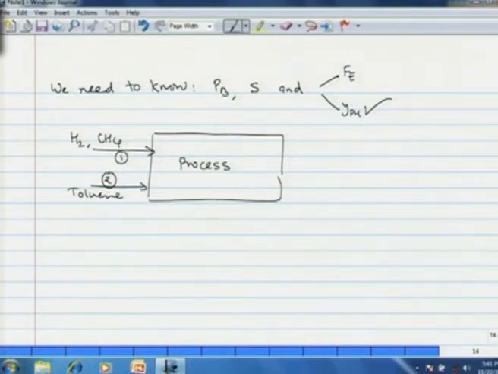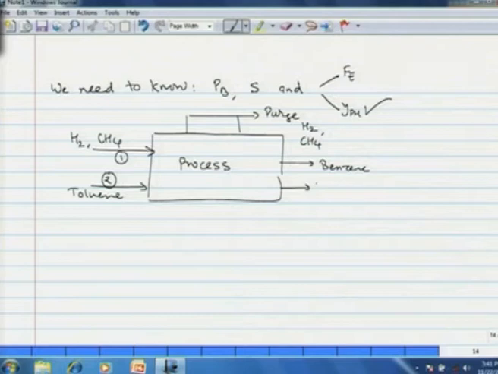Then we number the purge stream as methane and hydrogen, then benzene and diphenyl. We give number 3 to the benzene stream, which is the primary product, 4 to diphenyl, which is the secondary product, side product, and number 5 to the purge stream.